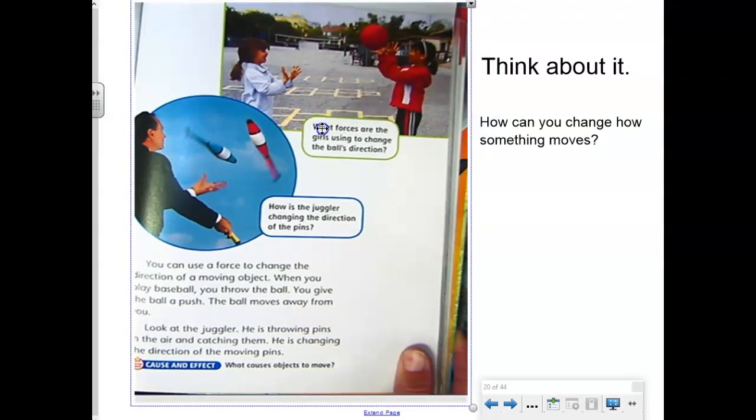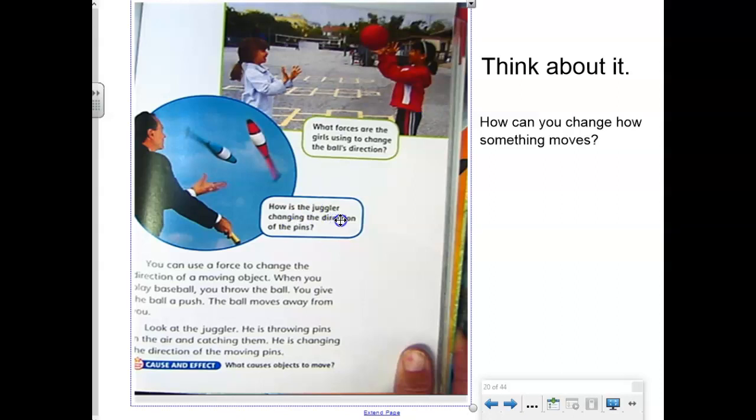All right, let's read these captions. What forces are the girls using to change the ball's direction? So what are the girls doing? They're using their hands to push that ball towards each other, right?